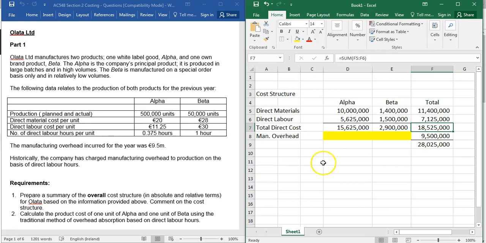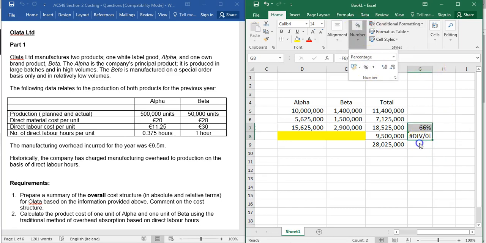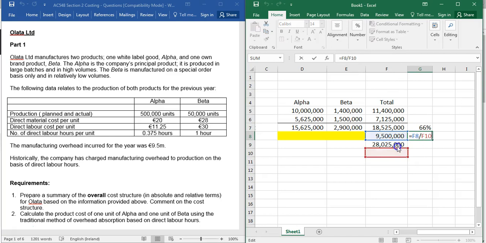You're also then asked for it in relative terms. Now what relative terms means is what percentage of the cost base, so it's 18 over 28, is direct, and what percentage is indirect. And of course, let's make the percentages. Make sure I'm divided by the right one.